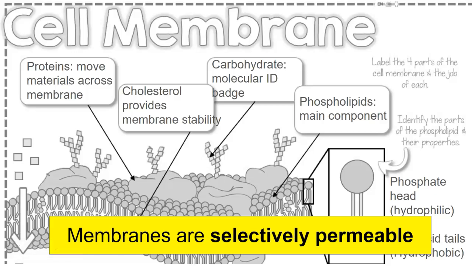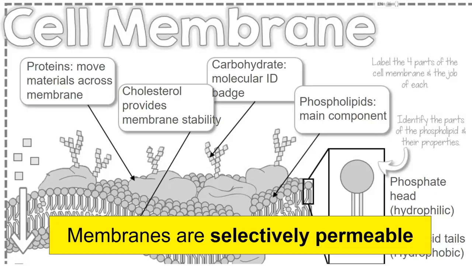So one thing that we really need to emphasize here is that membranes are selectively permeable, okay? And they are able to be selectively permeable because of the way that they're built. Now, if you think about the word selective, this means you're a little choosy or you're picky. Like let's say if I'm selective, I'm not going to just date anyone.